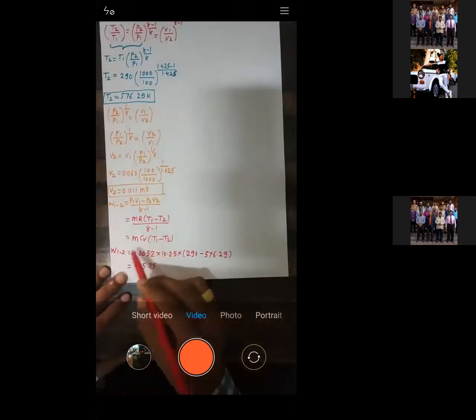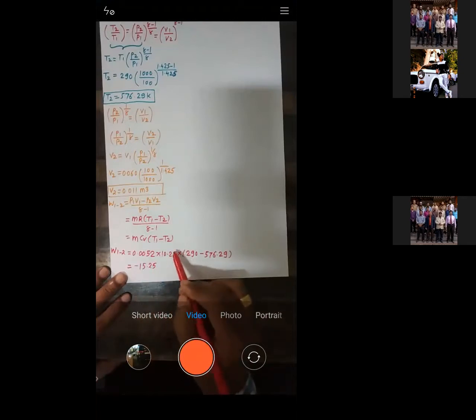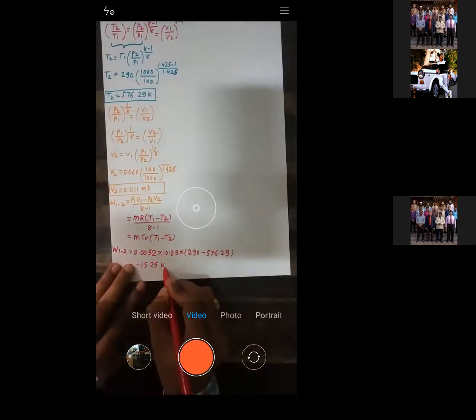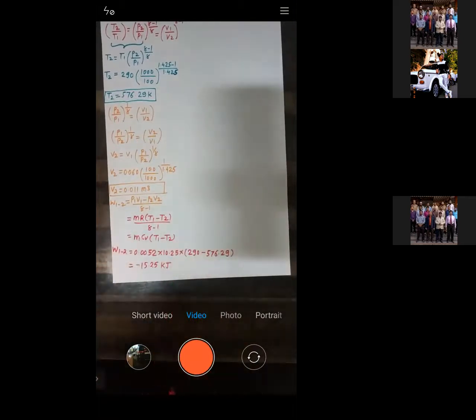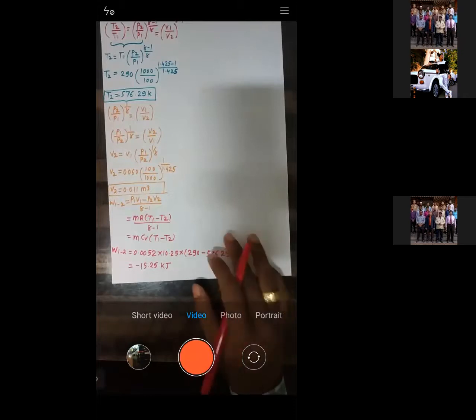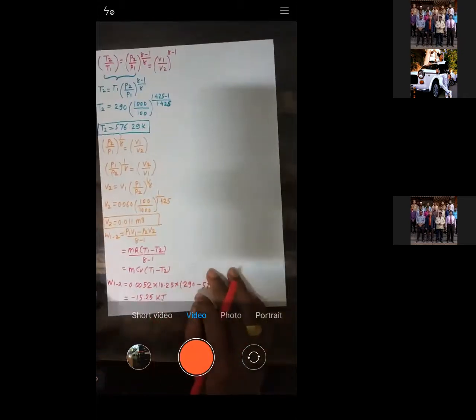See, this will be in kg. This is in kilojoule per kg Kelvin multiplied by Kelvin, right? So kg gets cancelled, and this is again in Kelvin, Kelvin gets cancelled. What does it mean? It is in kilojoule. Okay, minus 15.25 kilojoule. So we have finished W1 to 2, right?